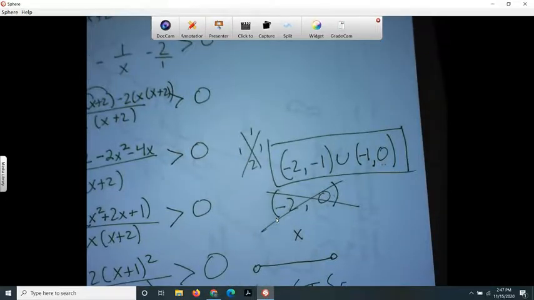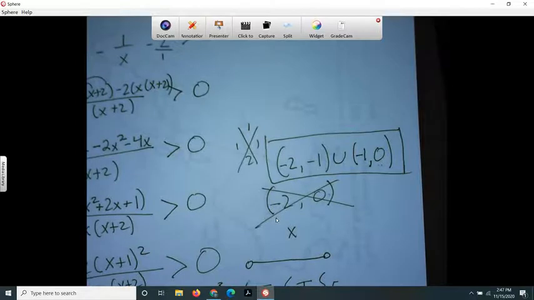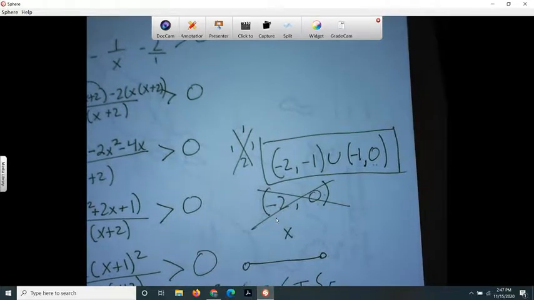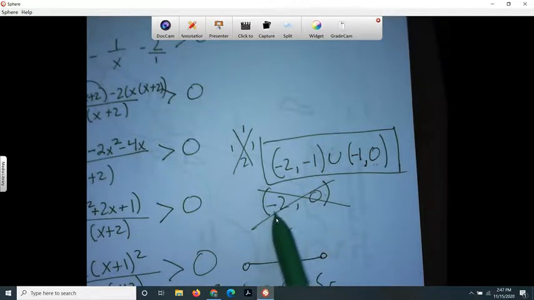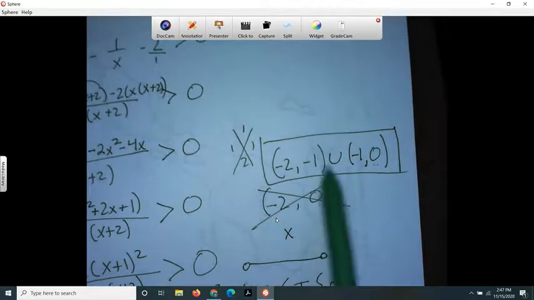Your answer key has a note. It says, when x is -1, the final rewritten expression becomes 0 greater than 0. Hence, x equals -1 is not part of the solution region. So that's another reason why we can't have our split point be part of our solution region. So even though I want to just write it as -2, 0, we can't have -1 as part of the solution region.